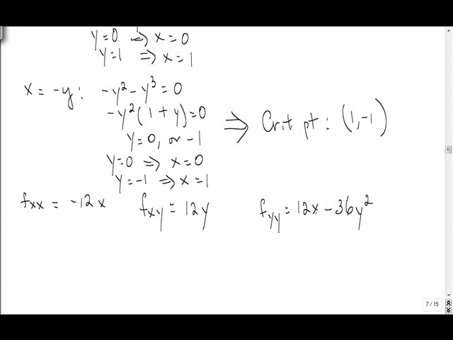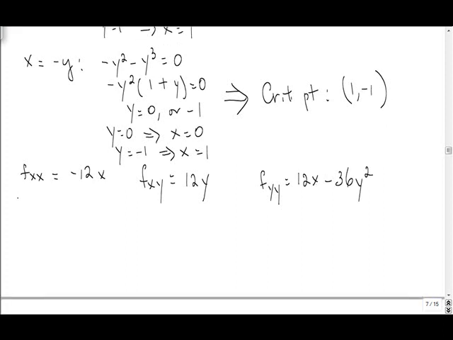Draw your table. Oops. We have a lot more work to do and I don't have much space. I think I wrote too big. Let me squeeze it in on that side, okay?